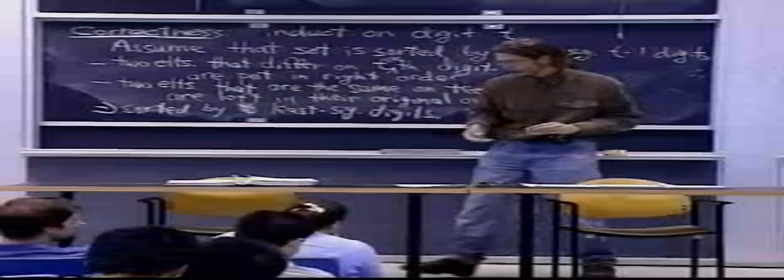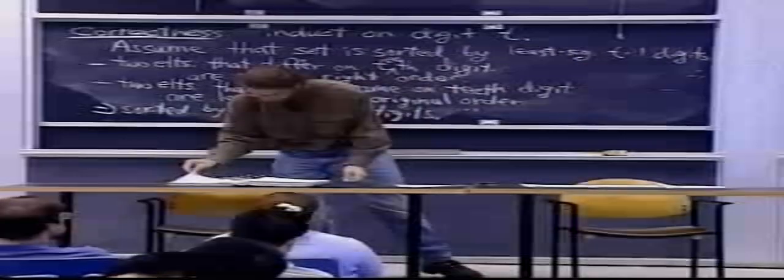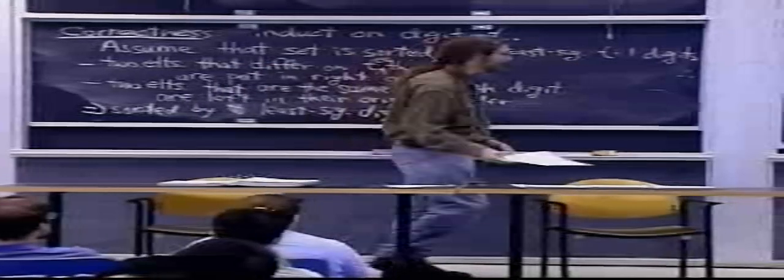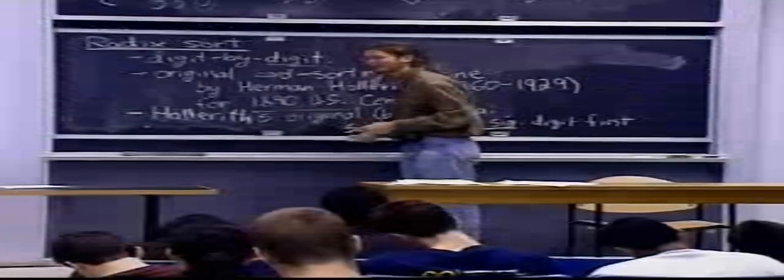Good. That's the correctness. I'm afraid I have to do a little bit more, which is how fast does this algorithm take? How long does this algorithm take? How fast does it run?